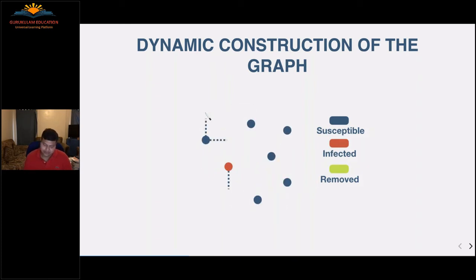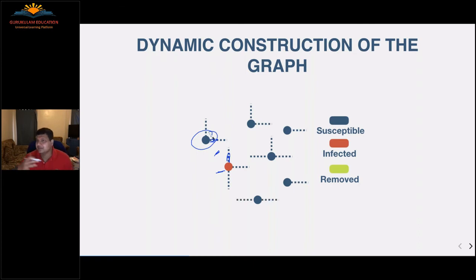And now if that particular edge belongs to a susceptible vertex, then he turns infected. So let's say this guy chose this one and this one. So now we form an edge here, and since this guy was initially susceptible, he turns infected. And then at some point, the infected vertices also turn green. So this is a dynamic construction of the graph. And from a probabilistic point of view, both of these constructions are actually equivalent in the sense that they give you the same probability laws for the quantities that you are interested in.